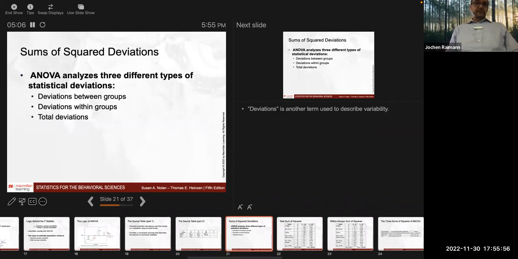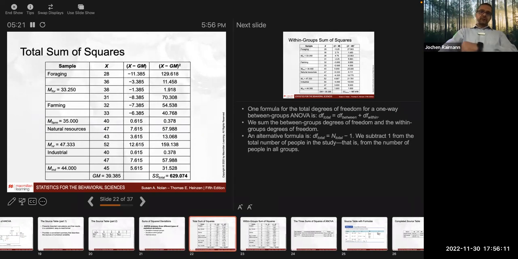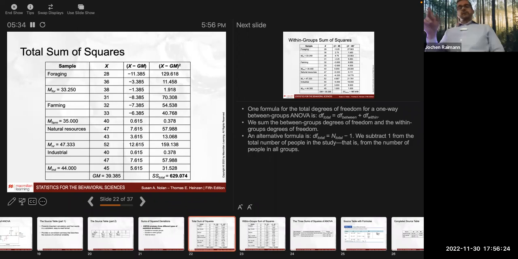It's not too complicated. So the ANOVA analyzes three different types of statistical deviations: the deviations between the groups, the deviations within the groups, and the total deviations. The total deviations can be quantified quite simply. You have three forms of deviations. The total deviations are each individual entry minus the grand mean.